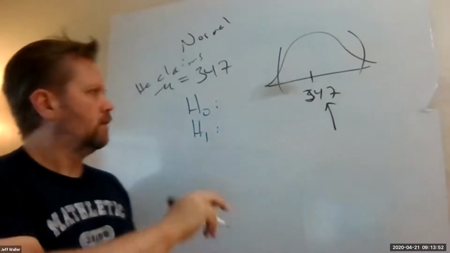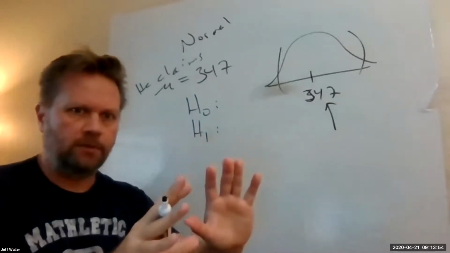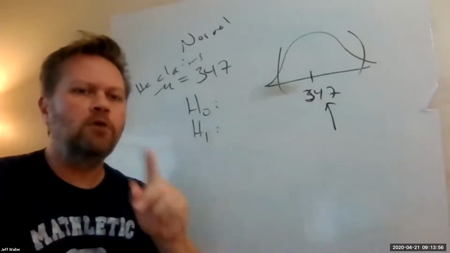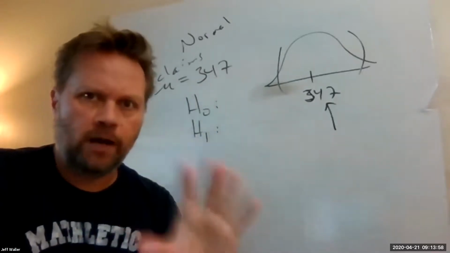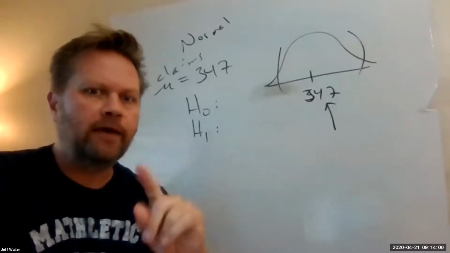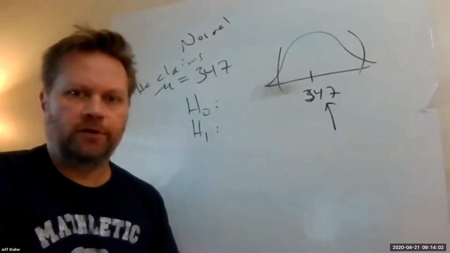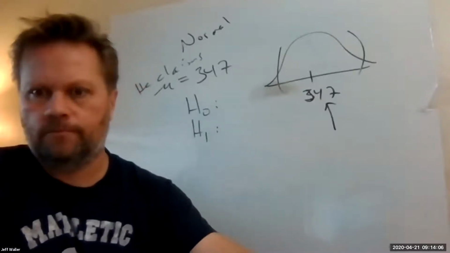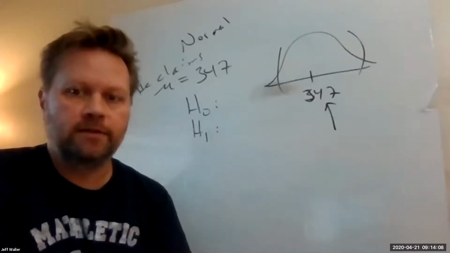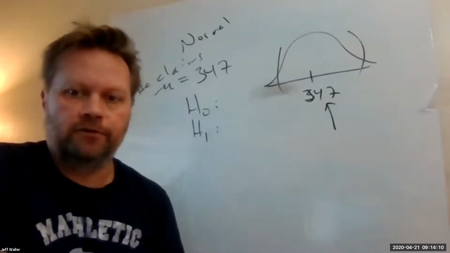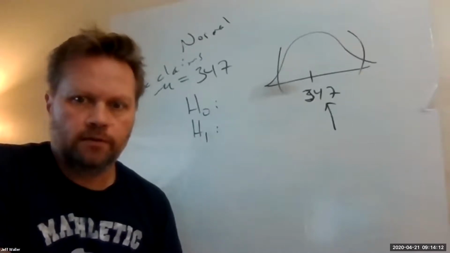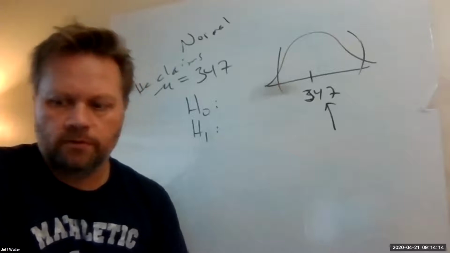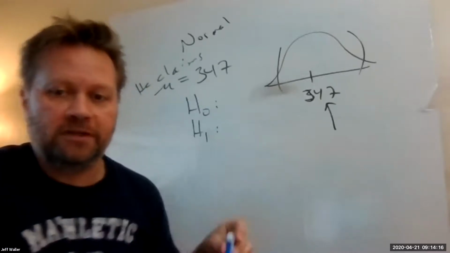There. All right. Now, stay with me. So where would my sample have to show up to be evidence that it's not 347? Not proof, but evidence that it is not 347. Yeah, outside usual, I think is what you mean, right?